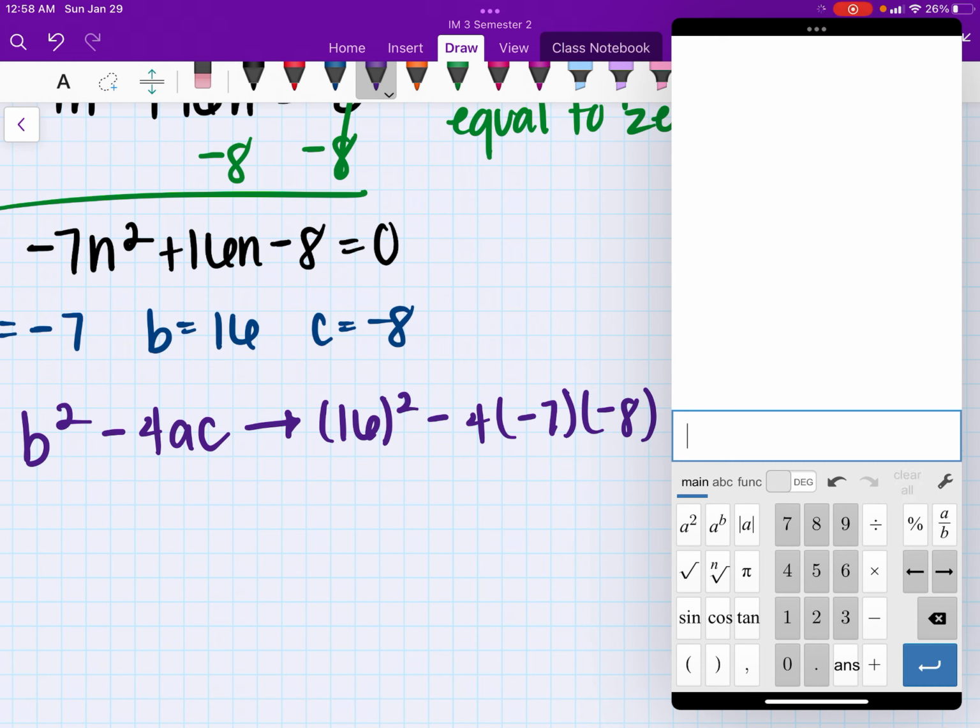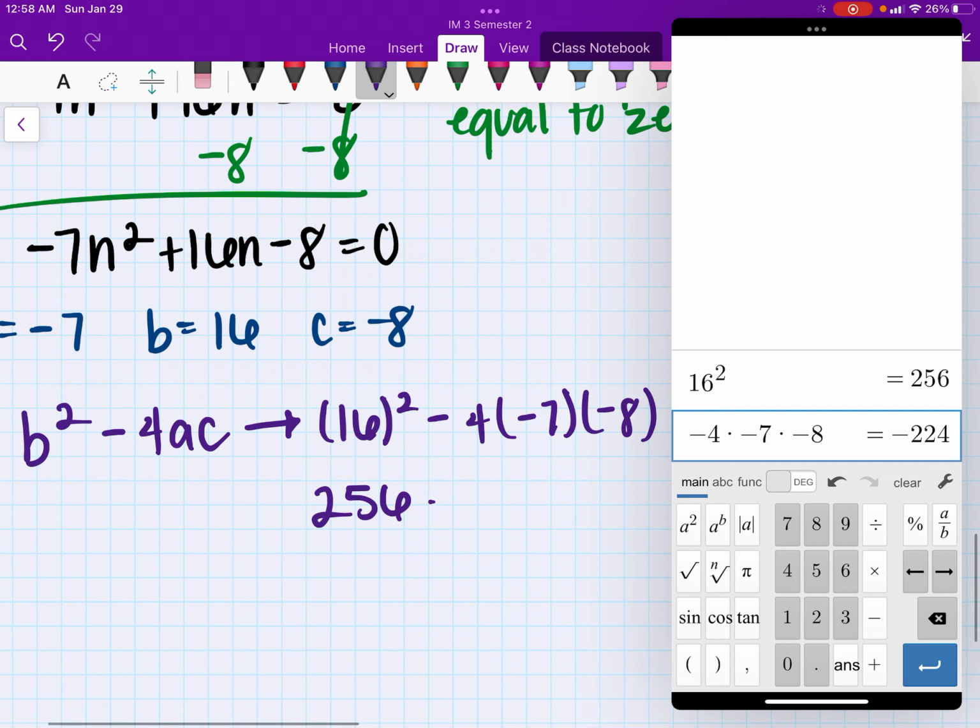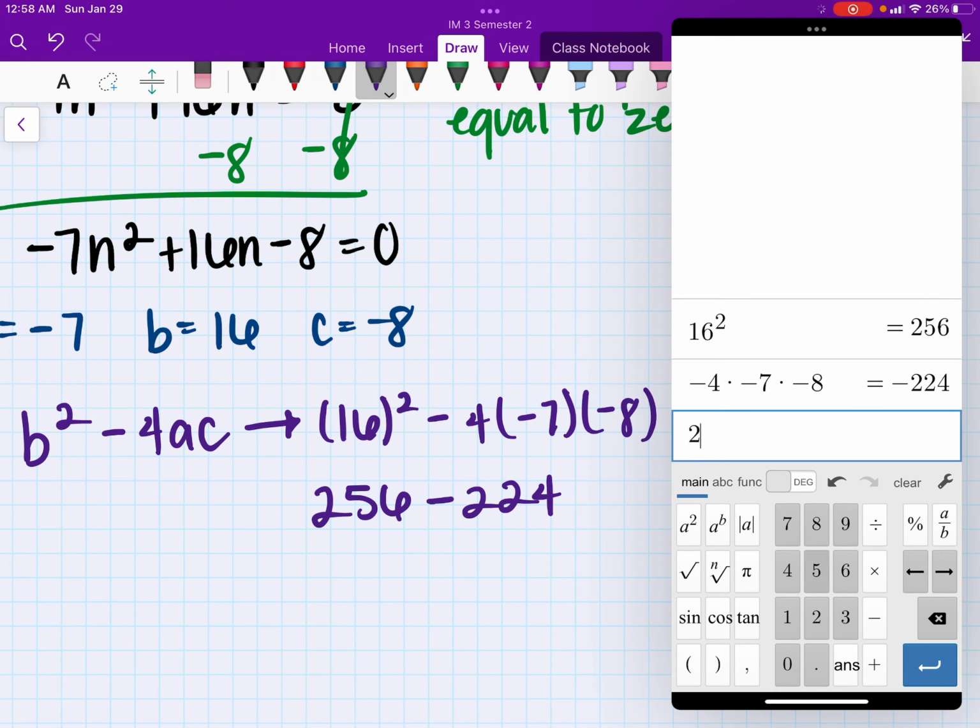I have 16 squared is going to be 256. And then I am going to have a negative 4 times a negative 7 times a negative 8. That's going to give us a negative 224.